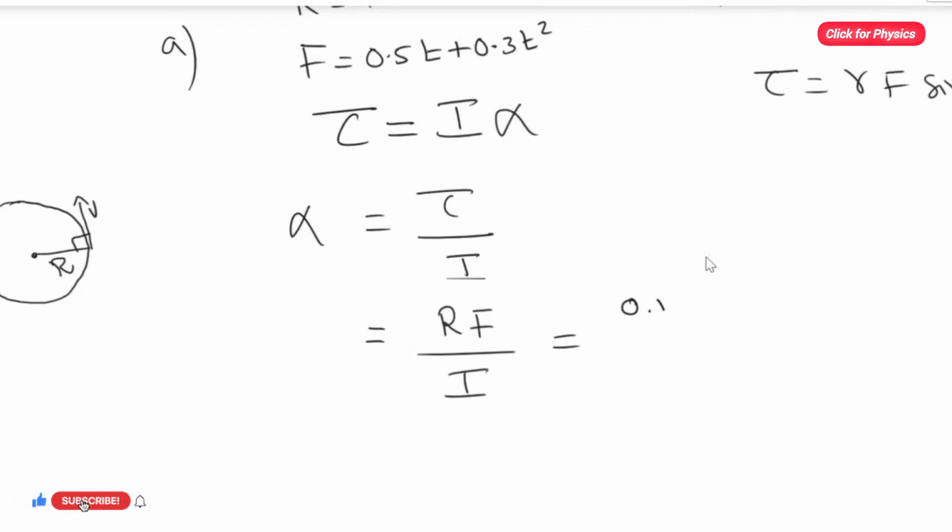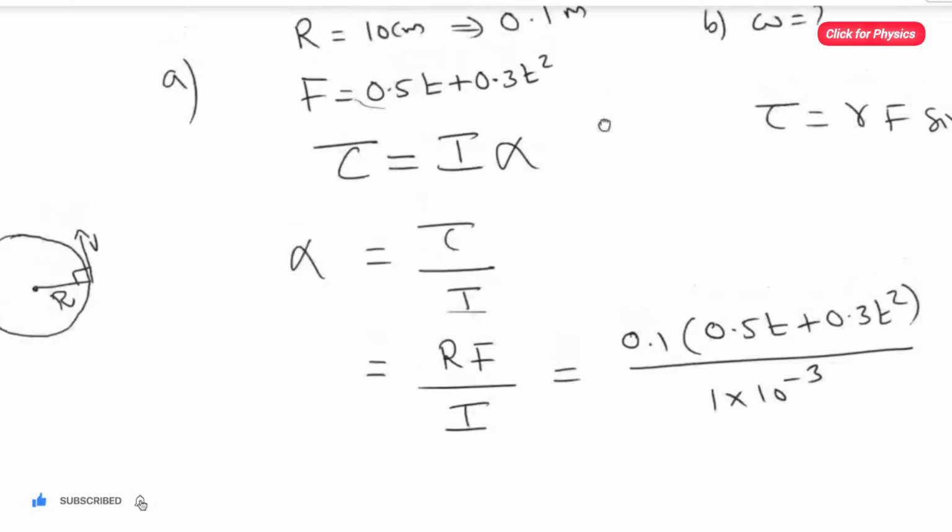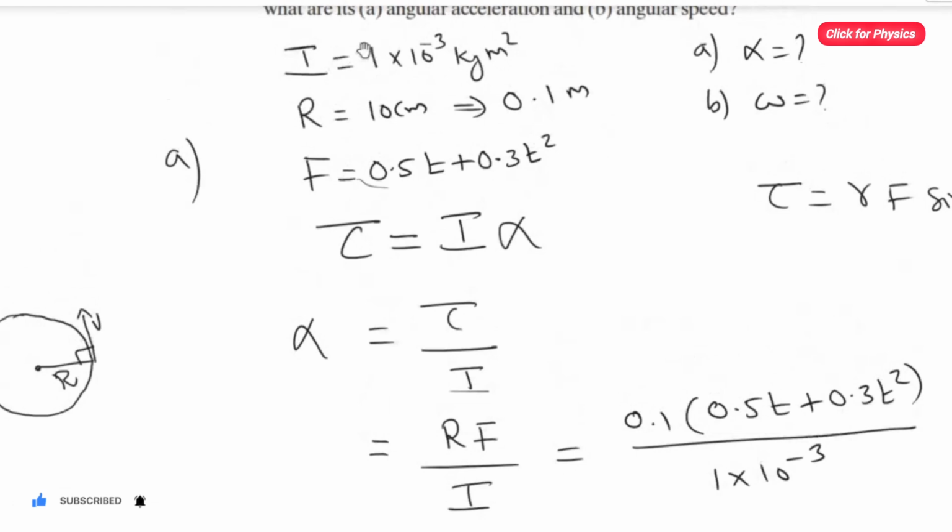So 0.1 multiplied by the force equation 0.5t + 0.3t², divided by the moment of inertia value 1 × 10^-3. This value was already given in the question, so I simply substitute the values in this formula.